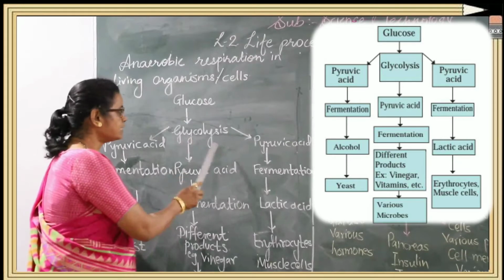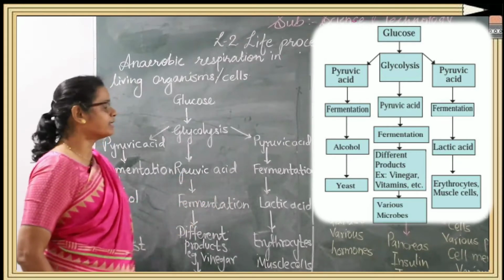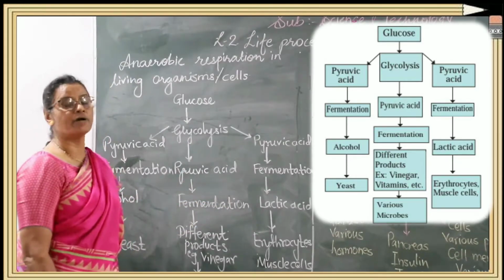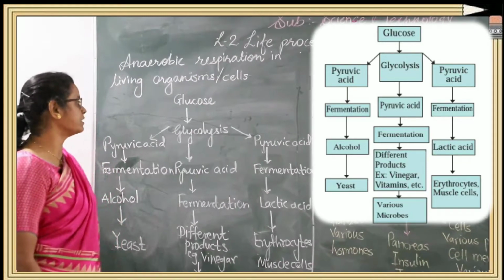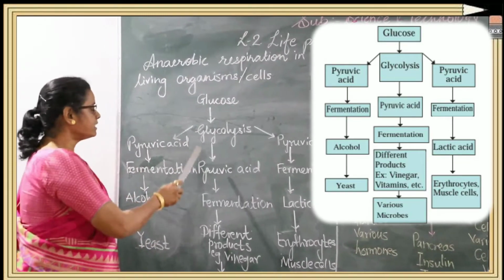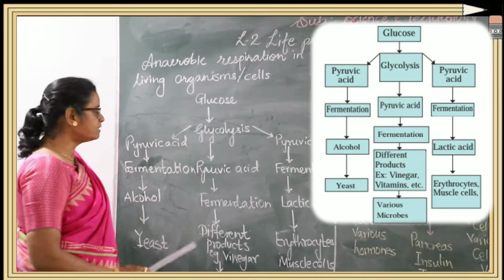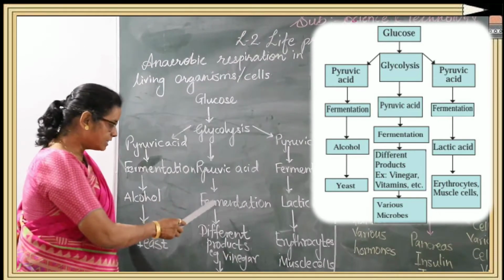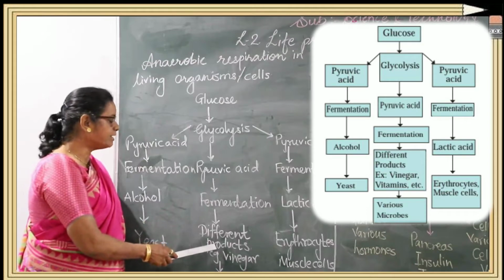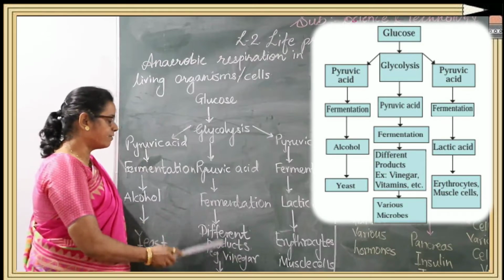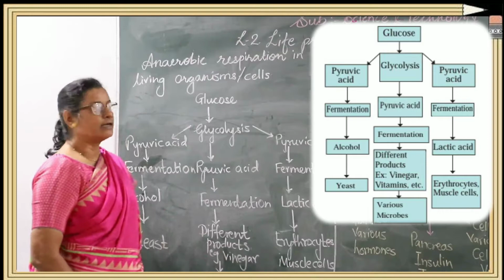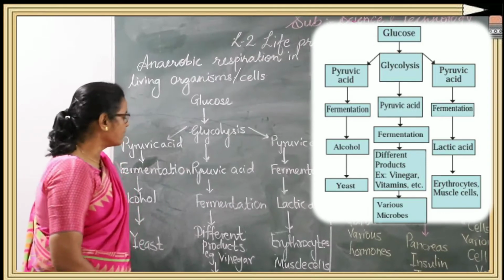So, glycolysis and fermentation are the two steps of anaerobic respiration. During glycolysis, pyruvic acid is produced, and this pyruvic acid is converted into different products like vinegar and other products.